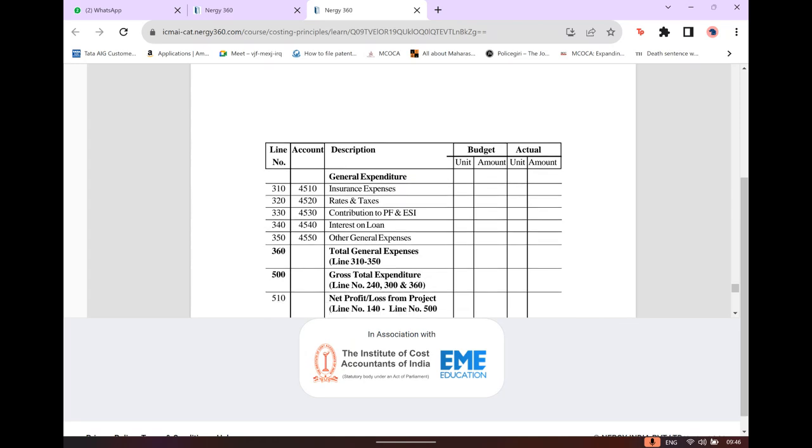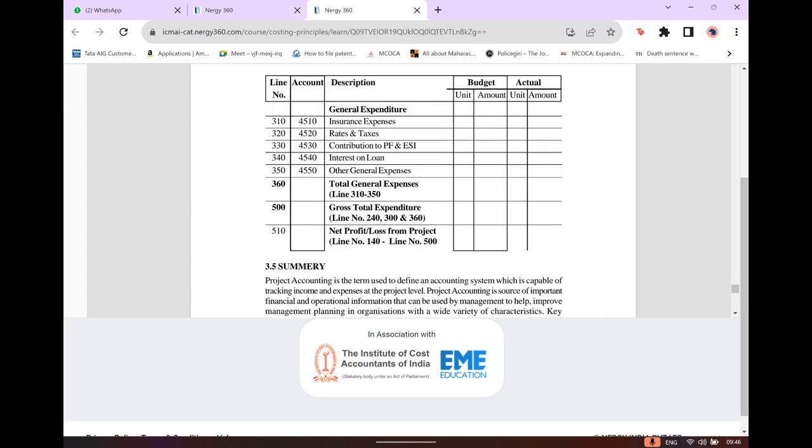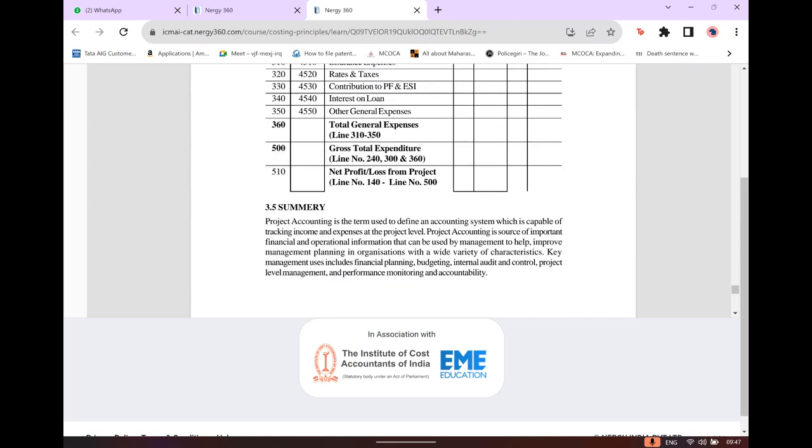So you understood: interest on loan is not a part of the cost per se, but in project accounting, it will be a part of it. And other general expenses. So you got the total income, you got the total expenditure. So the net profit from the project will be total income minus total expenditure. That will give you either a profit or it can give you a loss.